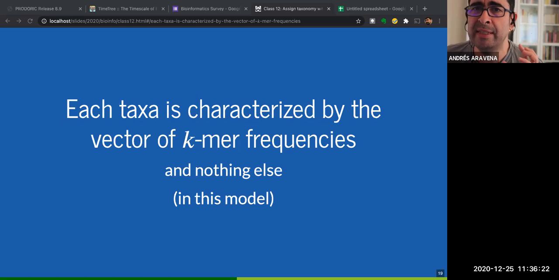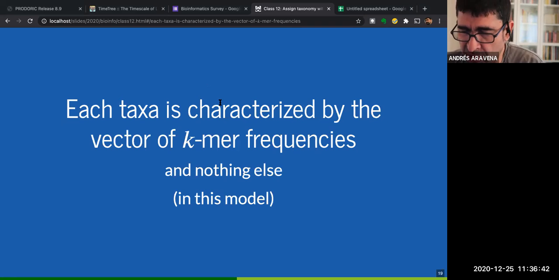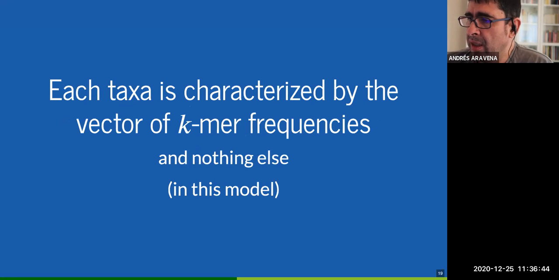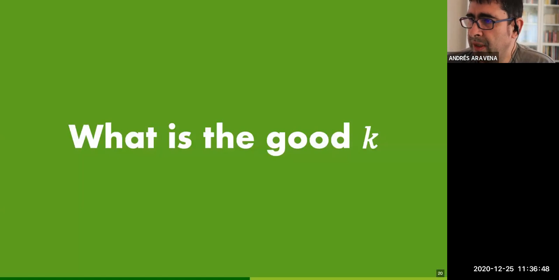We are not even seeing the letters, we are seeing the number of times that we see combinations of letters, okay? So the question that I asked myself, and you can be asking, is what is the good K here? What is the good size of the sequence? And the answer is this: what is the good K?